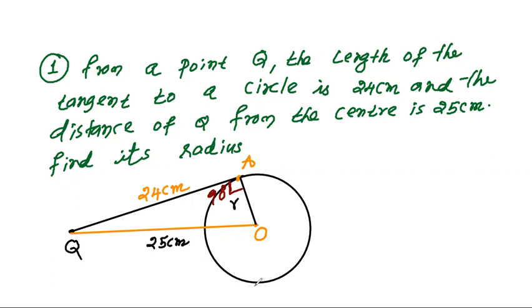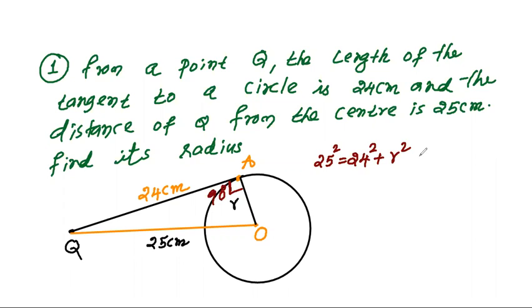Pythagoras theorem says that hypotenuse square, which is 25 square, is equal to base square, 24 square, plus altitude square. Instead of altitude it is r square, so 25 square is equal to 24 square plus r square. I think it's clear for you. So hypotenuse is 25, which is the side opposite to 90 degree.